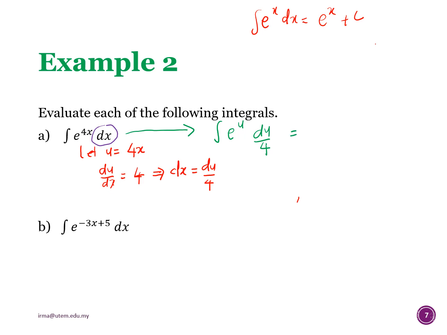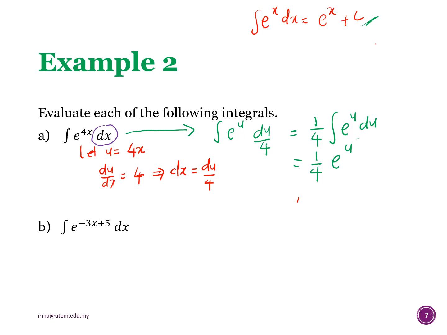I just bring 1 over 4 in front, and I have exponent u du. Actually, this is just the same as what is in x.